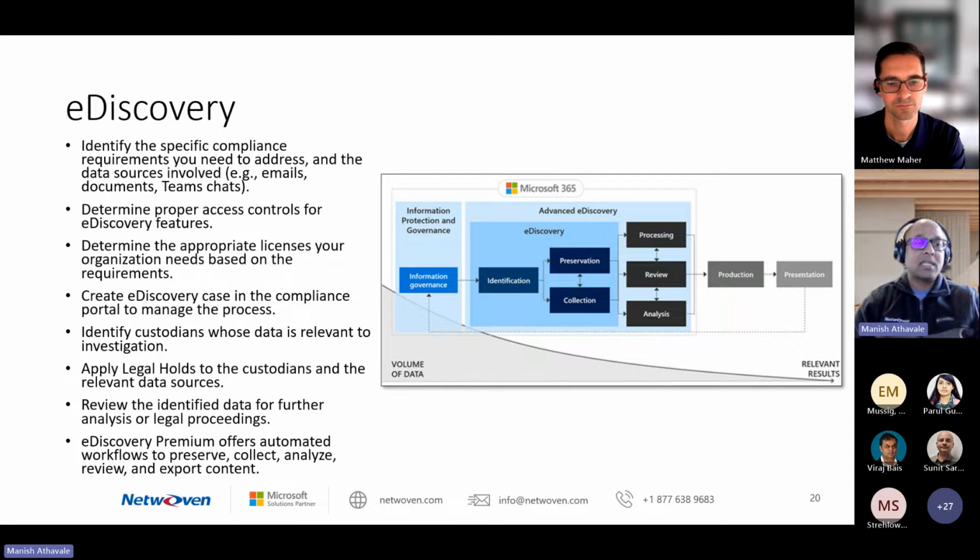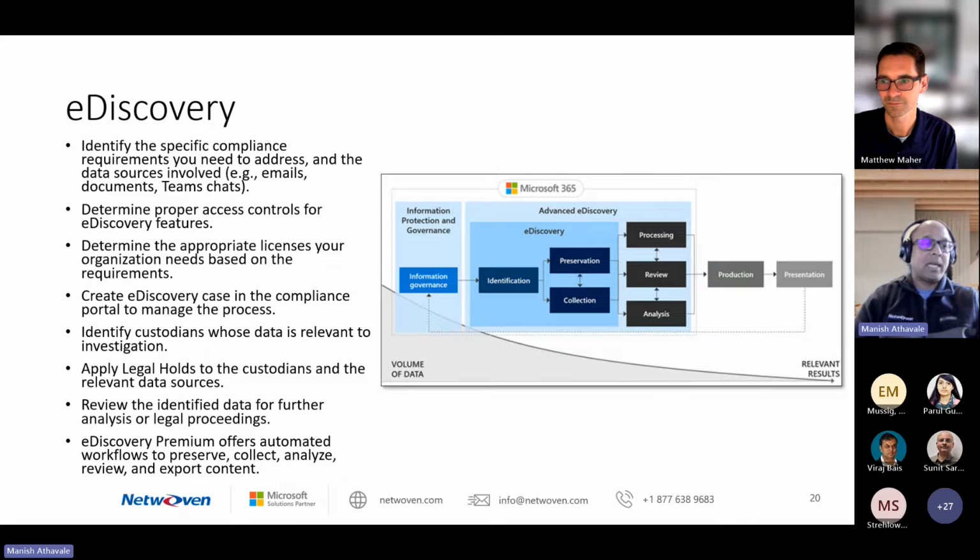So you create a case, and you start assigning which users or what keywords you want to search for. It doesn't always have to be a user. It could be a project, so that you know that all these different SharePoint sites had that project information in them. So now we are going to hold information in all those project sites, for example.